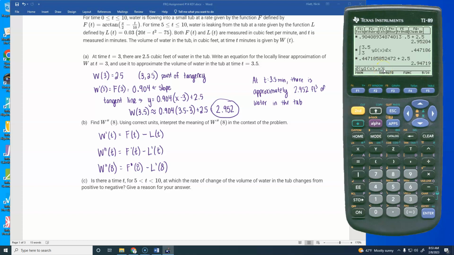I'm not 100% sure, but I don't care about what the derivative is. I just want to know what it is at 8, right? So I'm going to put such that x equals 8 behind this, hit enter, then hit the green button and hit enter like I should have the first time.